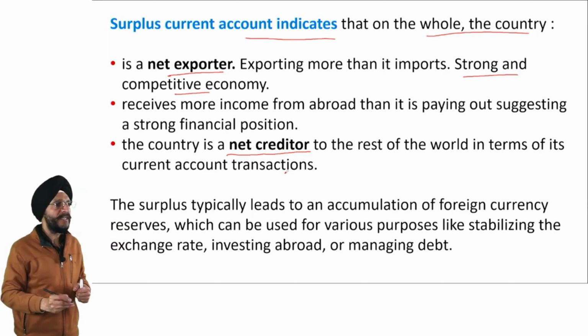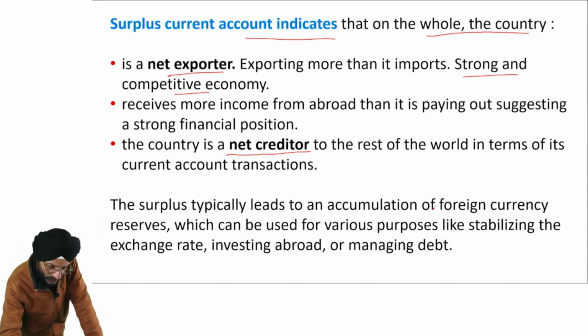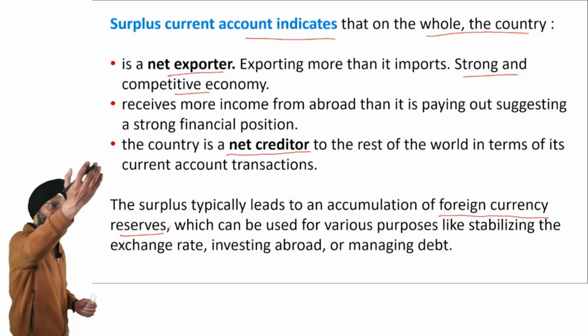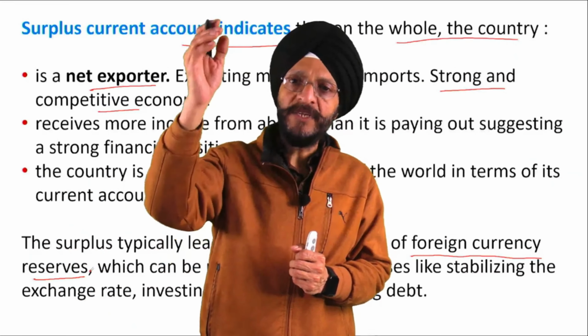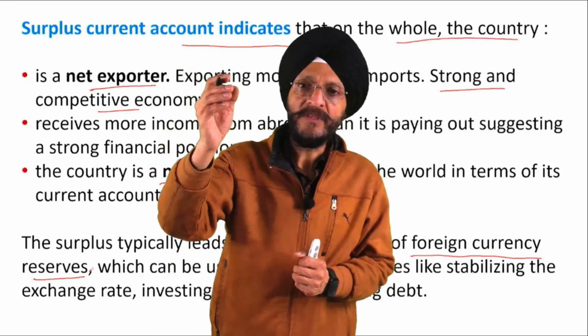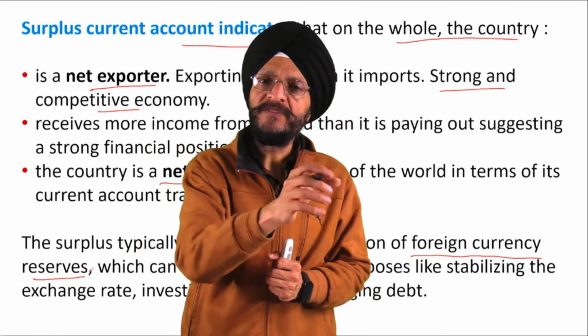The surplus generally indicates accumulation of foreign currency reserves. When we are receiving more foreign exchange than the foreign exchange which is being paid, the foreign exchange received is more as compared to the foreign exchange which is going out.